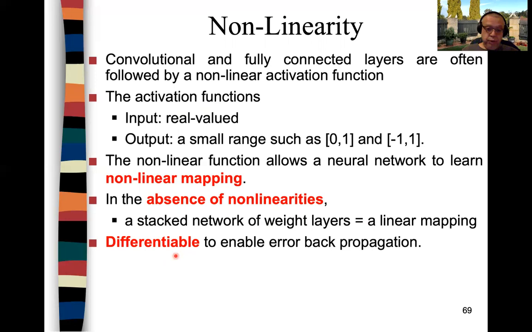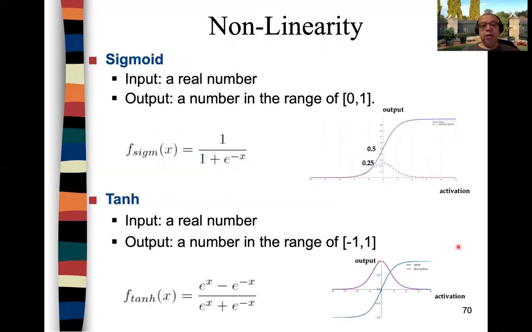Remember, when we do backpropagation, we had to multiply with the derivative of the activation function. So this activation function has to be differentiable. As we've seen in the case of the multi-layer perceptron, we looked at the sigmoid and the hyperbolic tangent.